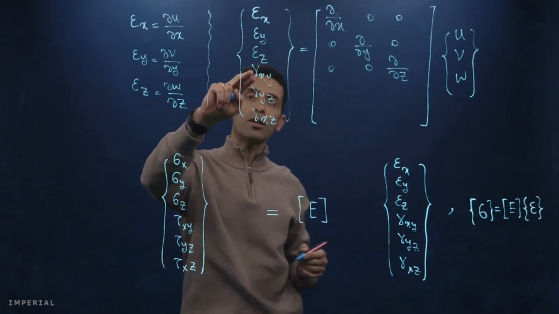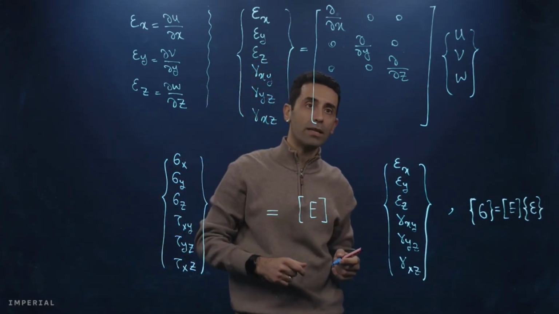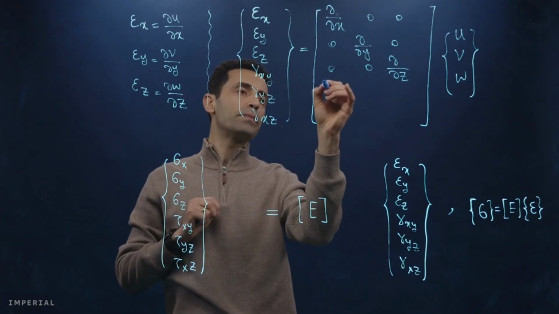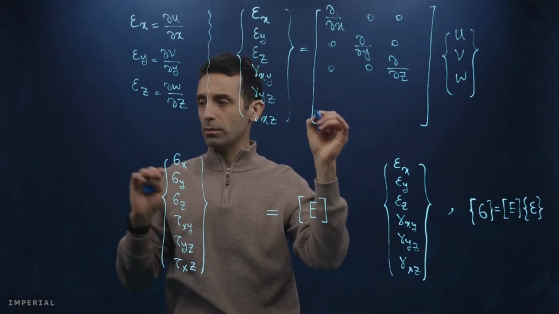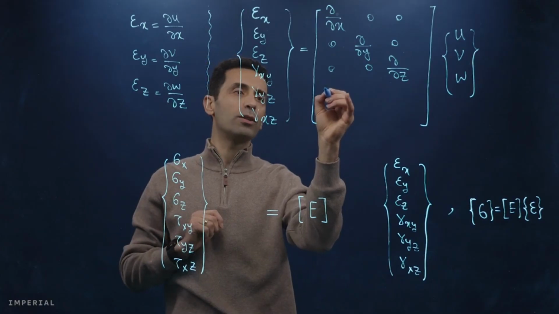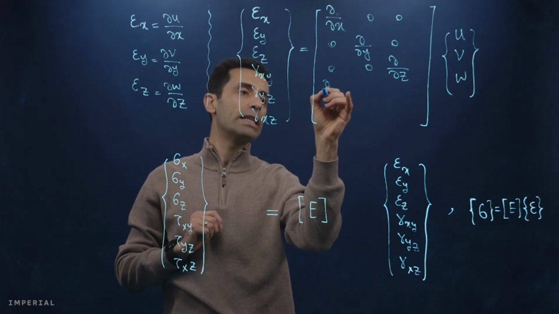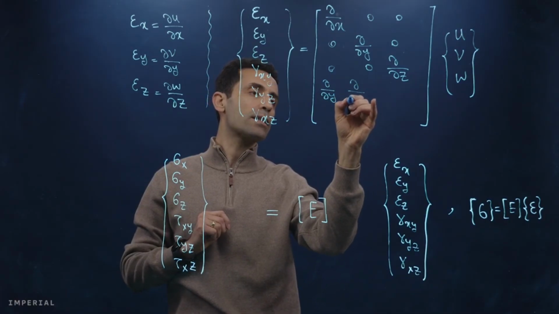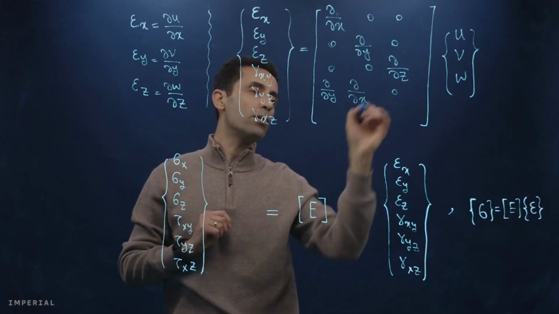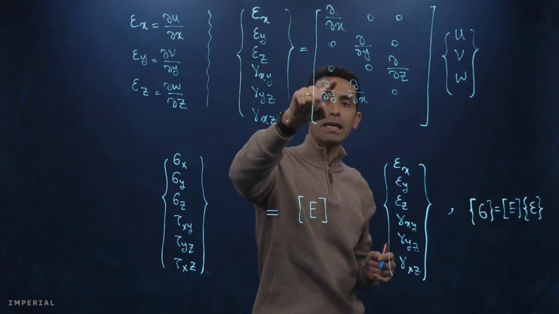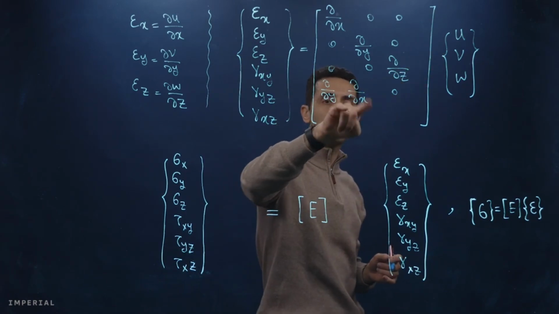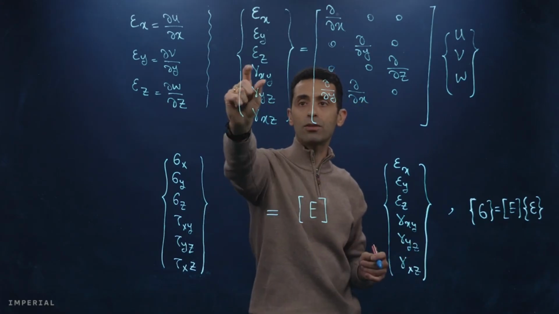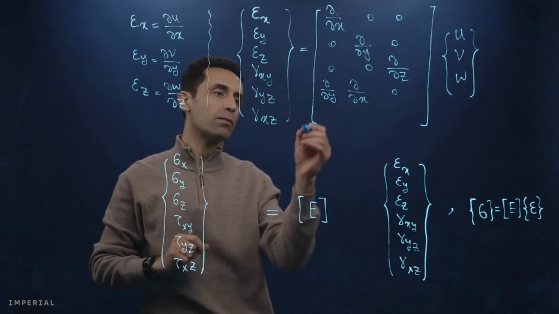Okay, now when it comes to the shear strains, just make sure I'm doing it right. This will be d dy, d dx, and 0. So this will be du dy plus dv dx, and this one is 0. So that gives you gamma xy.